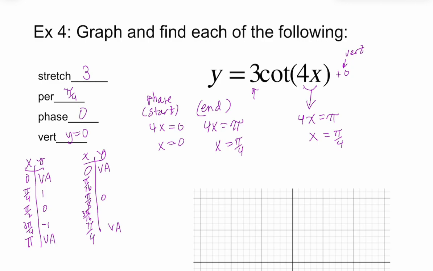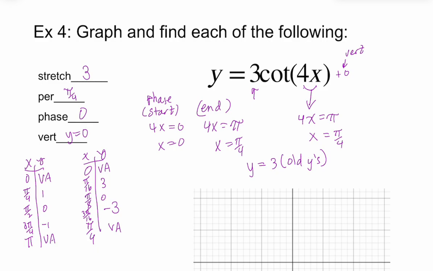Now, to find the new y's, remember we're taking 3 times the old y's plus nothing. So it's just 3 times the original y's. It's the only thing that has a stretch for the y's. So if we multiply this one by 3, 3 times 1 is 3. If we multiply this one by 3, 3 times -1 is -3. So now we have an x and y chart for our new function.